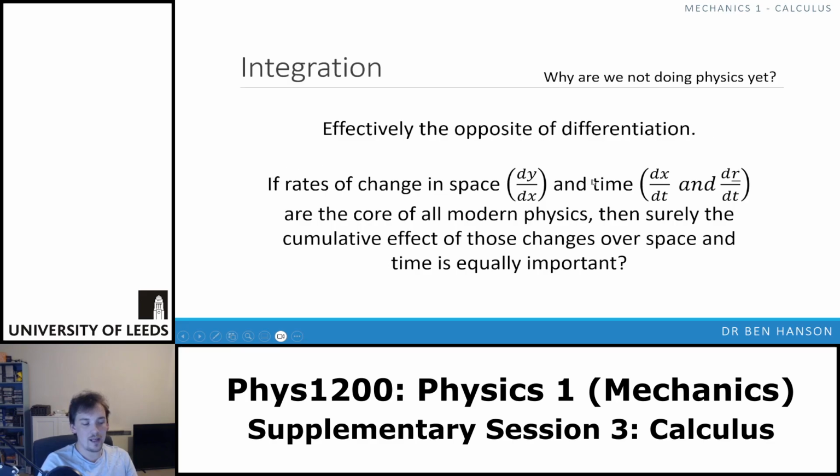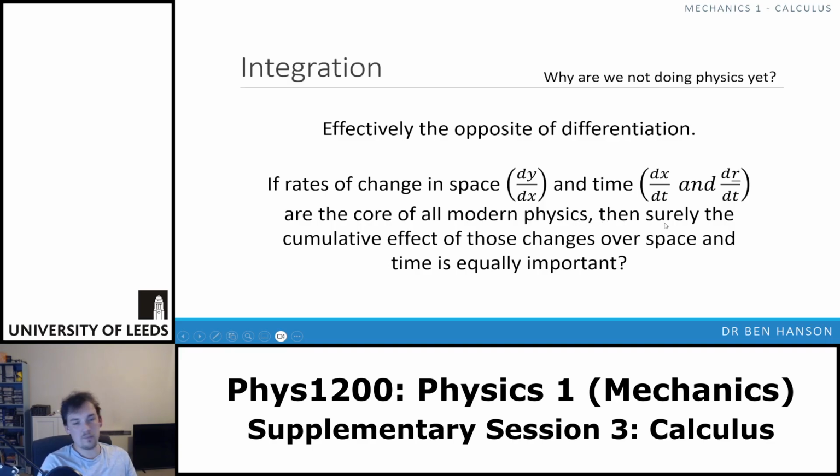If rates of change in space and time are important, then surely the cumulative effect of all those changes over space and time are equally important, right? So if we've got a rate of change of something, we want that rate of change at every point. That's the function itself. So the opposite of differentiation is going to be as important as differentiation itself.